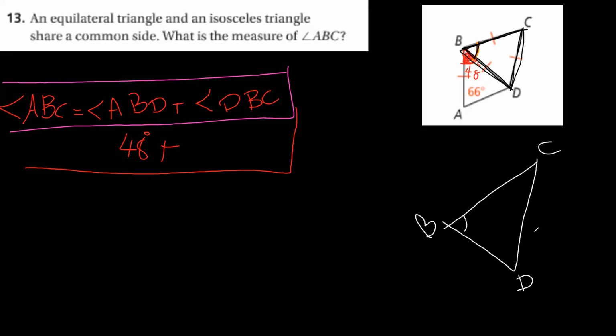I want to find it. But what is the type of this triangle? It is an equilateral. What does equilateral mean? That means all the sides and all the angles are equal. So what is the measurement of the angle in the equilateral triangle?